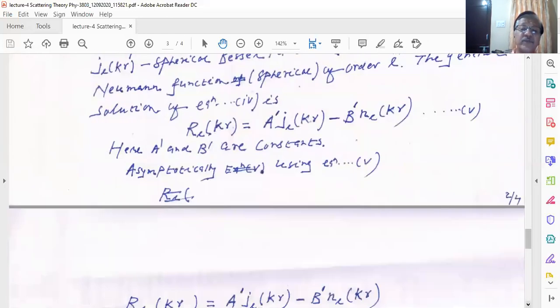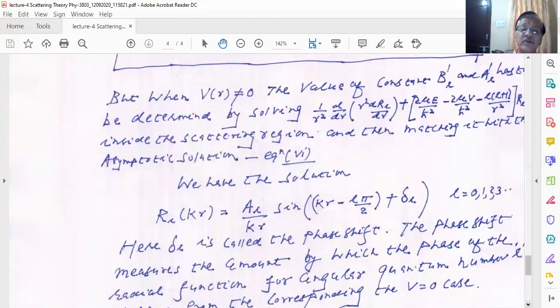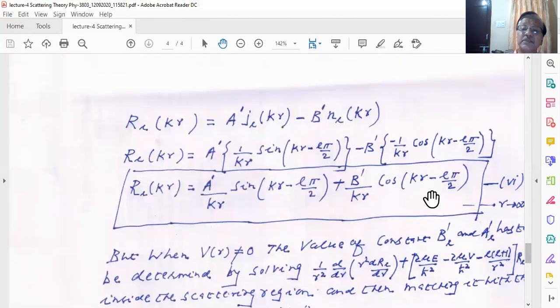So you can write this A_l divided by kr sin(kr minus lπ/2 plus delta_l). And the other part, this is because of the Neumann function. This is because of the Bessel part, and this is the Neumann part.